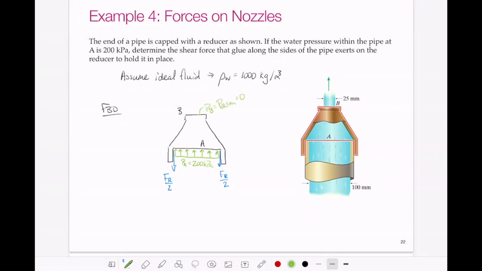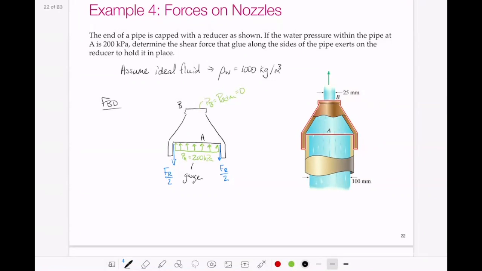And if we're looking at gauge pressures, then that is just 0. So we're assuming that 200 kPa is gauge pressure. So this is our free body diagram. So we have an expression for all of the forces acting on our control volume.